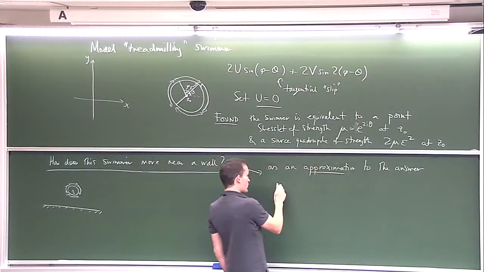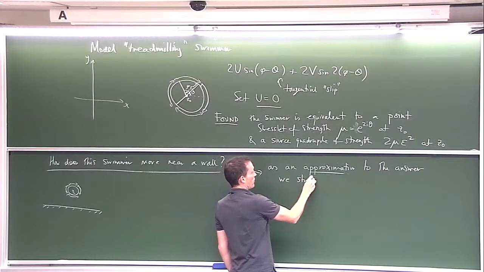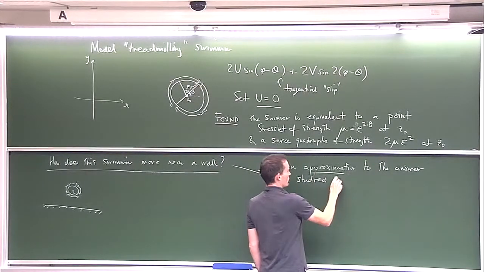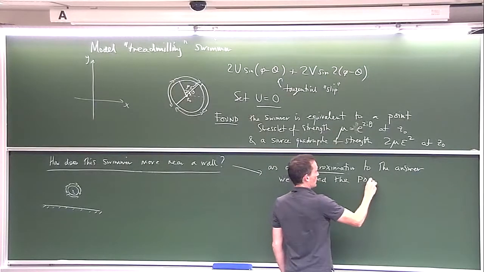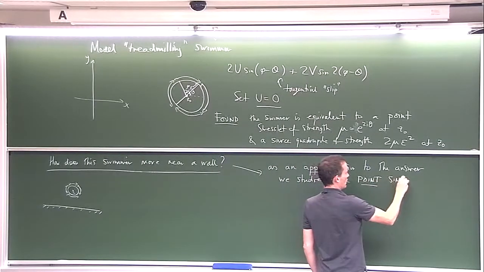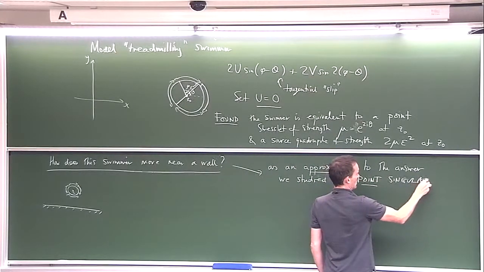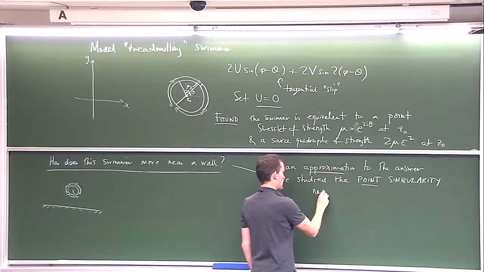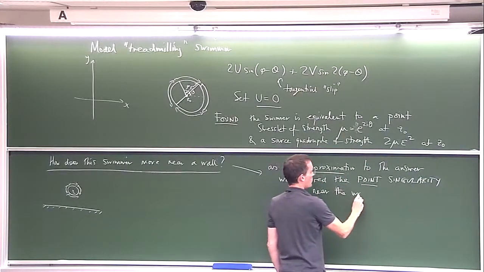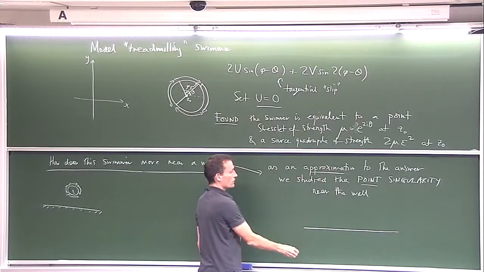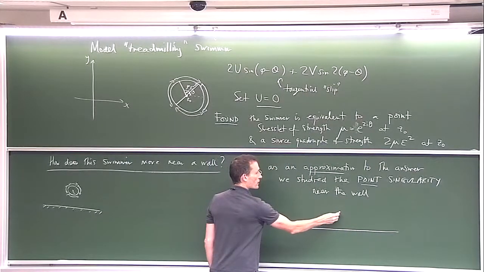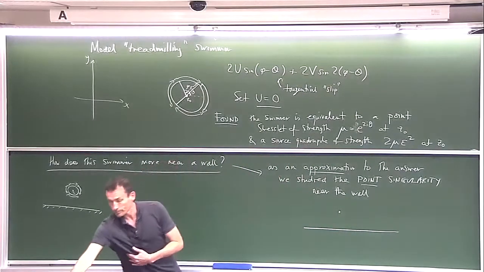So as an approximation of the answer, we studied this last time. It's the same wall, but we're going to replace the swimmer by the stresslet plus quadrupole.